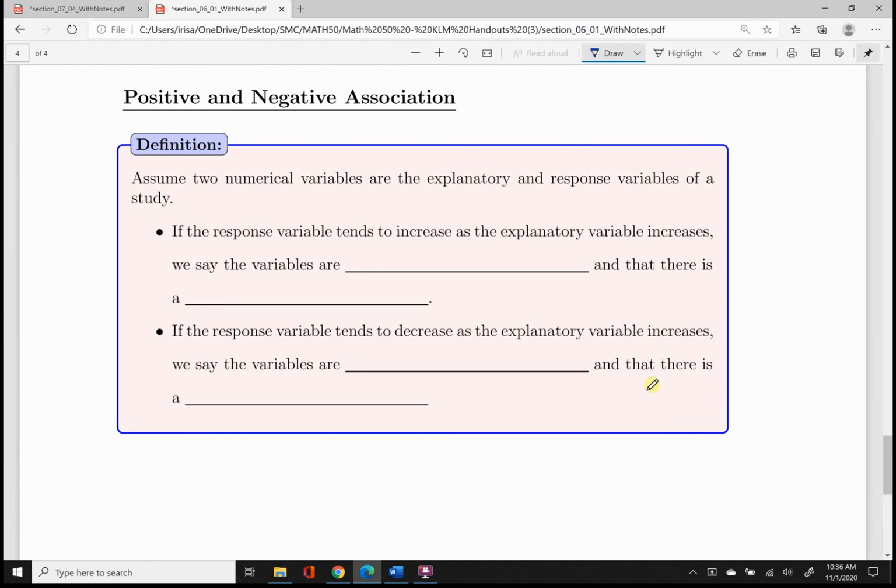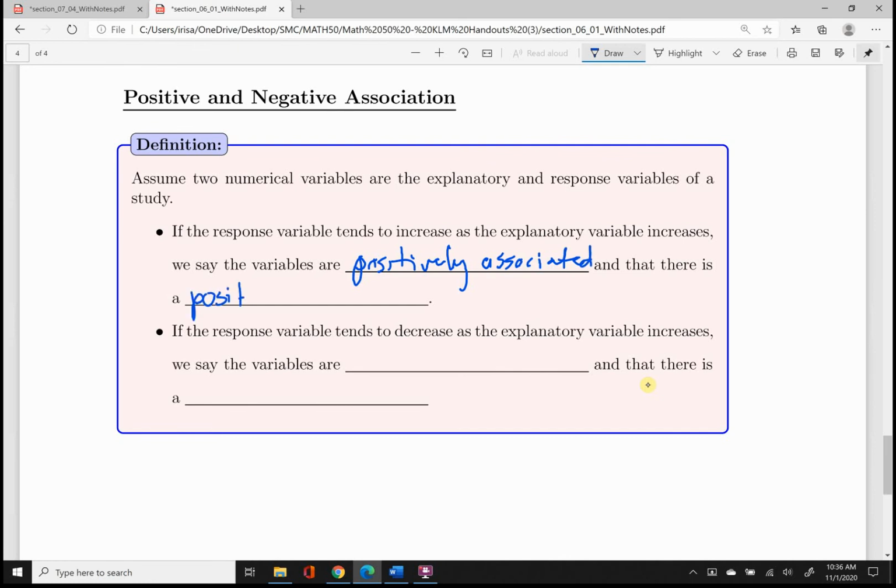If the response variable tends to increase as the explanatory variable increases, we say that the variables are positively associated, and that there is a positive association.